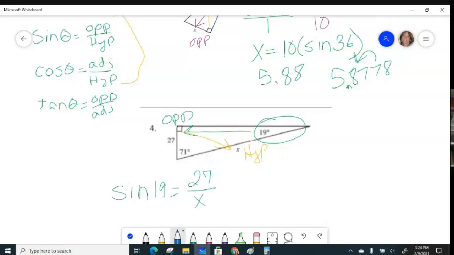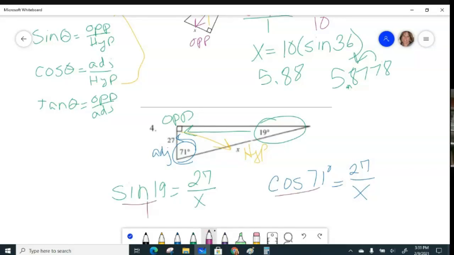If you decided to use 71, then that makes the 27 adjacent. So we would be back to cosine of the angle measure, this time going from the 71 degrees, and we're going to do the adjacent side. And X is again our hypotenuse. From there, again, put everything over 1 and cross multiply.